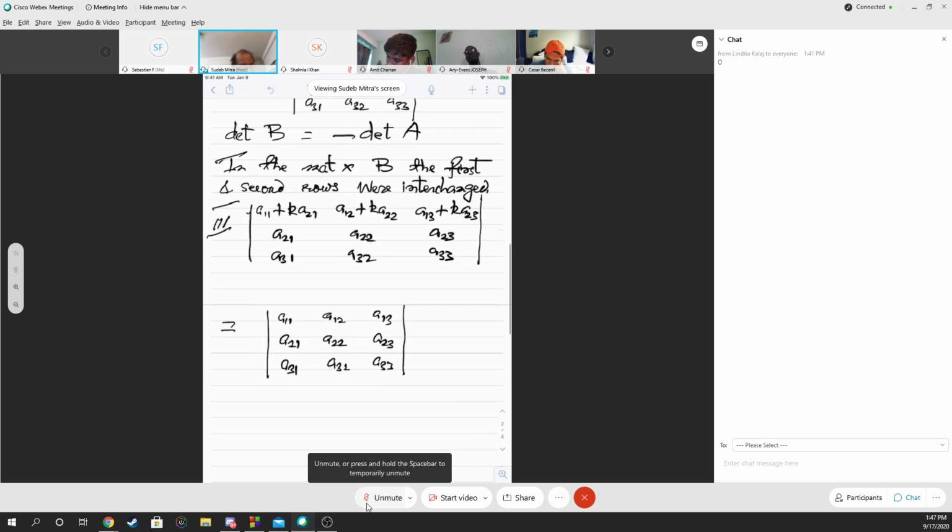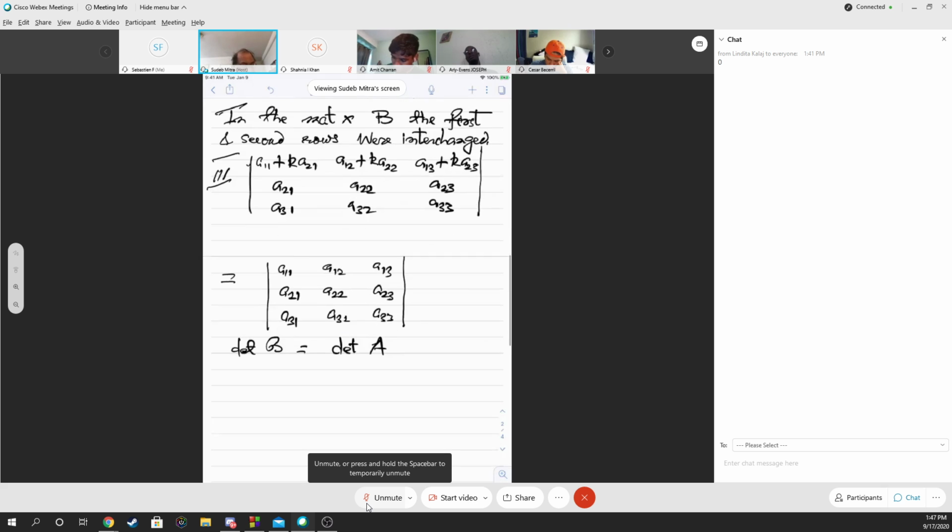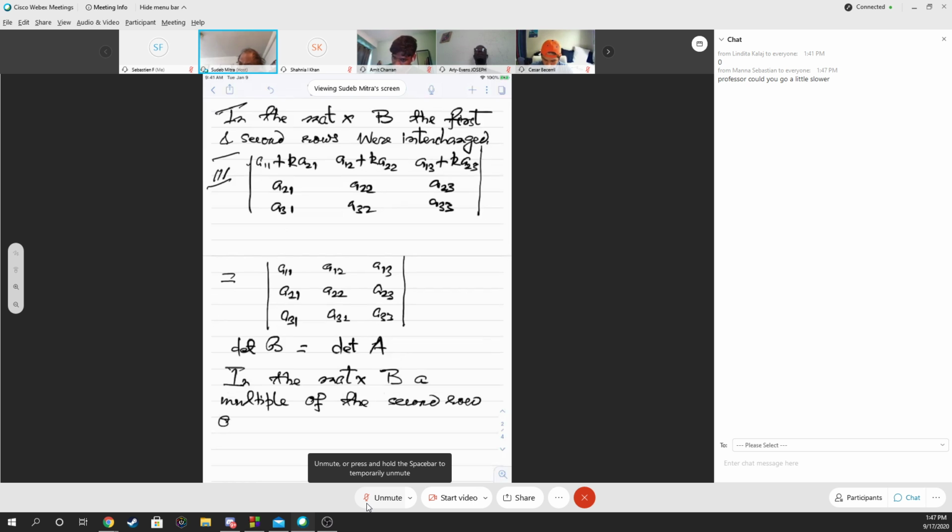So what is happening here is the determinant of B is the same as the determinant of A. In the matrix B, a multiple of the second row of A was added to the first row.